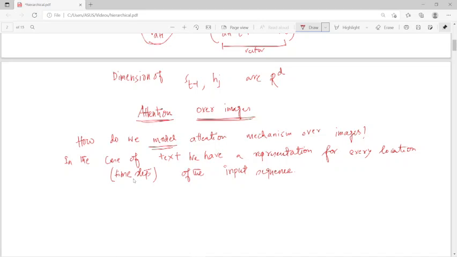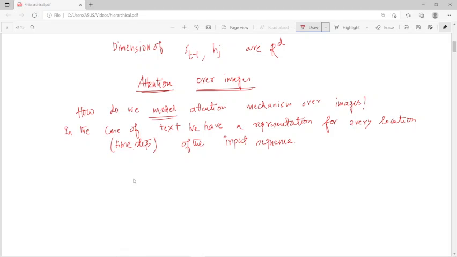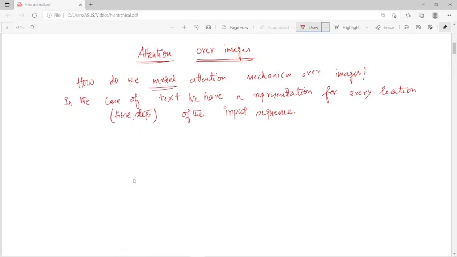If we want to model it for images, what is the problem? If this is an image, we have to apply this image to a convolutional neural network.